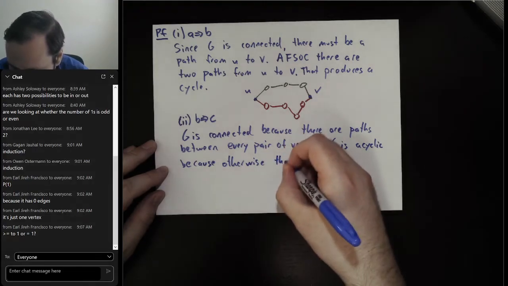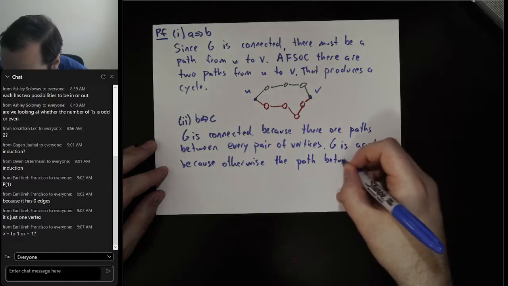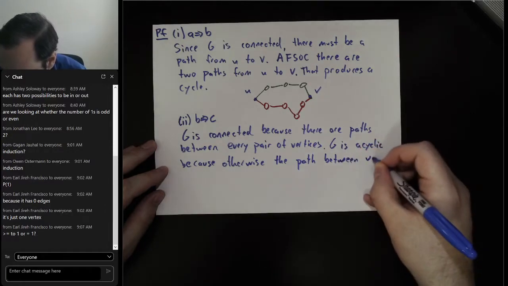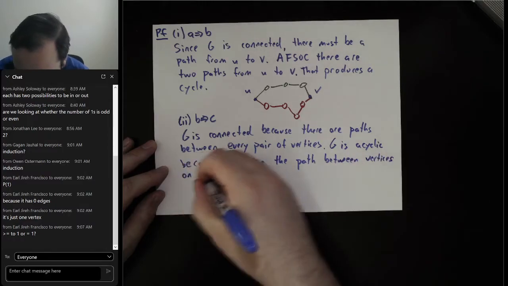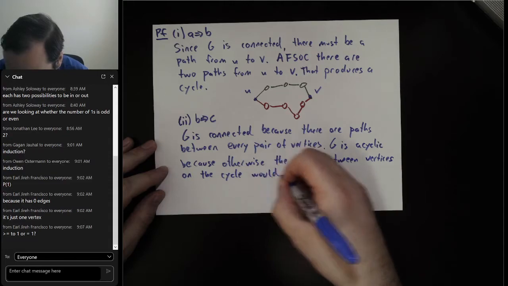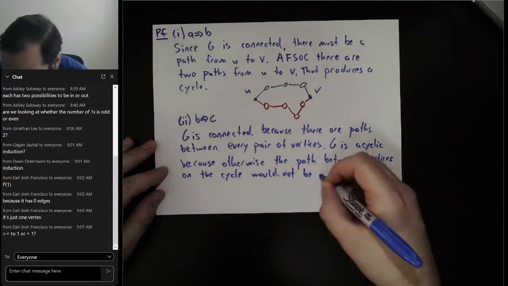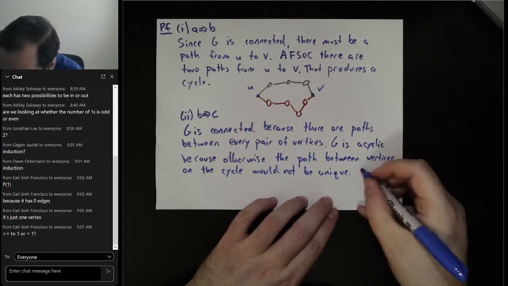The path between vertices on the cycle would not be unique. So G is a tree.